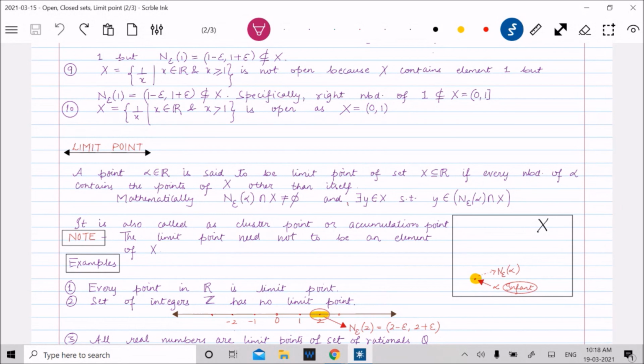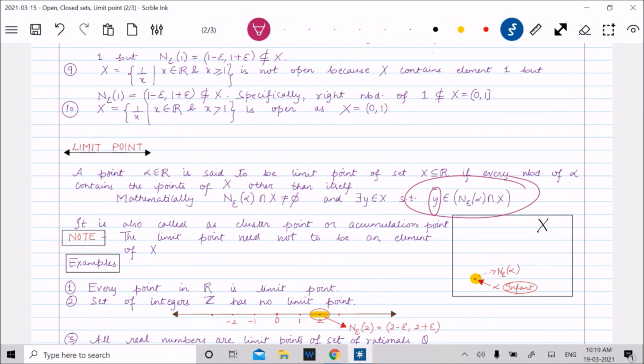So you can write along with this that the intersection should be non-empty. This is the first condition, and there should exist some y, right, such that y belongs to the intersection of the neighborhood of alpha and set X. It means that y is the fellow which is always sticking to alpha, right?